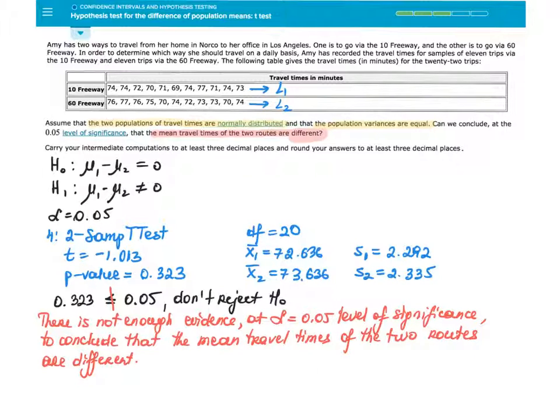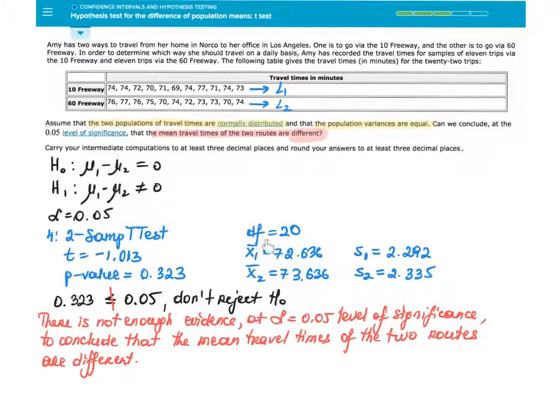Alpha we have of 5%. I am applying the two sample t-test, fourth option on our list of tests, and it gives me the following outcomes. T-value, the test statistic, is negative 1.013. P-value is 0.323. I also record a few more important numbers that the TI-84 provides me with.